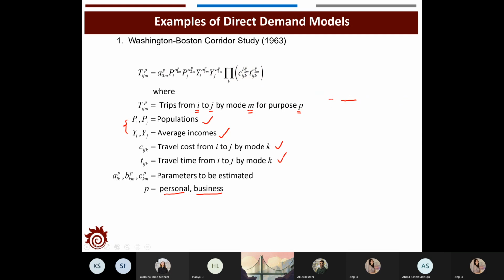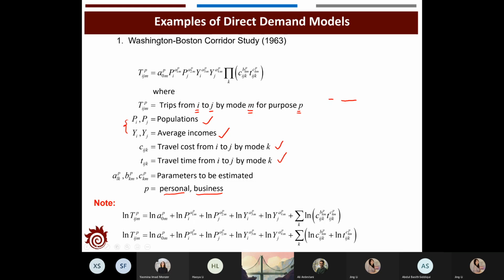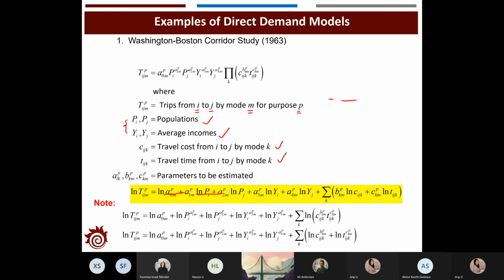Regarding the calibration of this model, it's a kind of linear format, but not a direct linear equation. For the calibration, you need to apply a log transformation on both sides. Once you have applied the log transformation, you can extract a linear formulation.